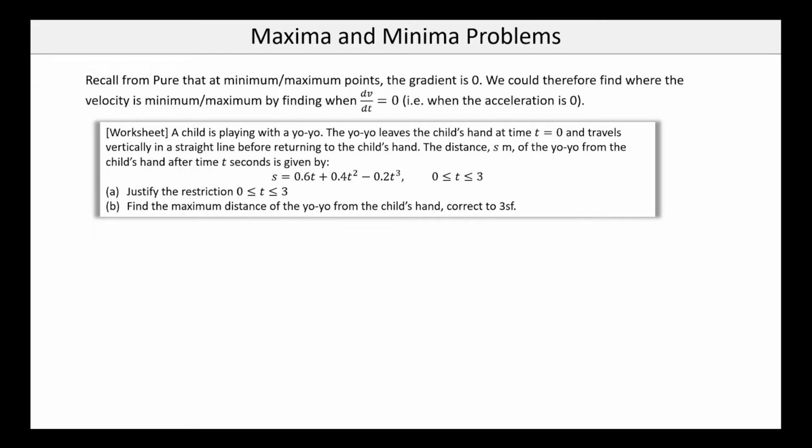If we want to find the maximum displacement, we'll calculate ds/dt and set it equal to 0. If we want the maximum velocity, we'll calculate dv/dt and put it equal to 0. And the maximum acceleration, we'll get at dA/dt equals 0.